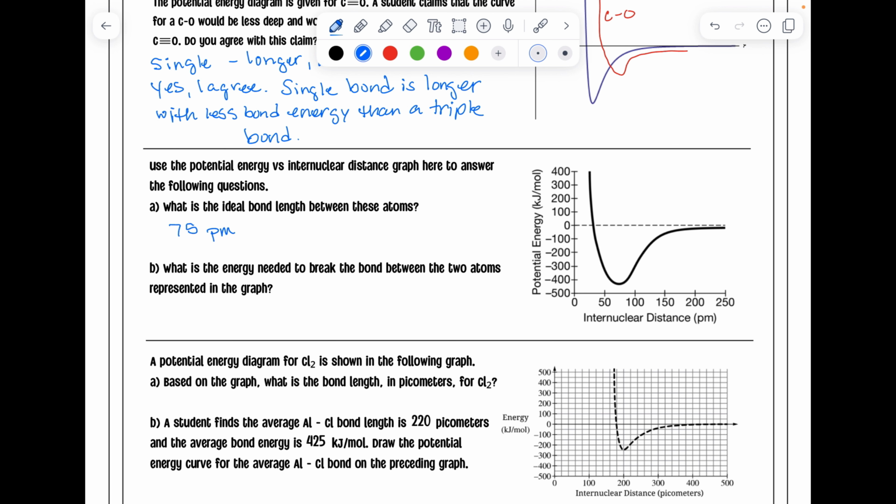What is the energy needed to break the bond between these two atoms represented in the graph? Well, now I'm looking on the potential energy side, and I would need to put in 400 and about 50 or 440, I don't know, approximately 450 kilojoules per mole to break that bond.